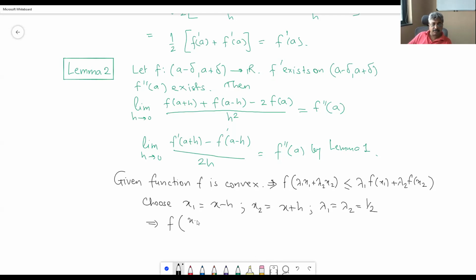So f of (x minus h upon 2 plus x plus h upon 2). This is LHS. This is given to be less than half, common inside bracket, f of x minus h plus f of x plus h.